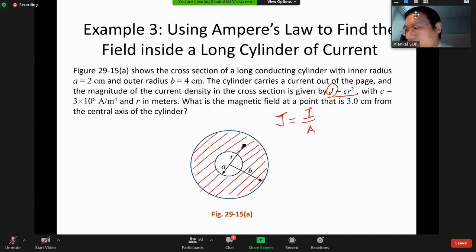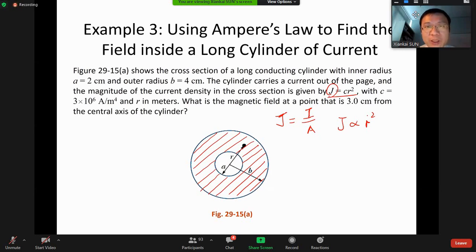So J is the area density of current. In this case, because J is proportional to r squared, J is not constant. So the larger the radius, the higher the current density. That means most of the current flows close to the surface of this cylinder, right? Most of the current flows along the surface of the cylinder. Okay.